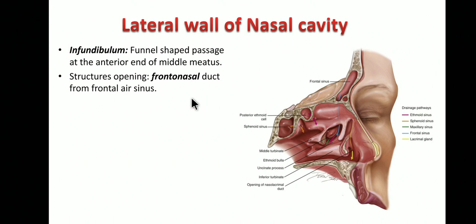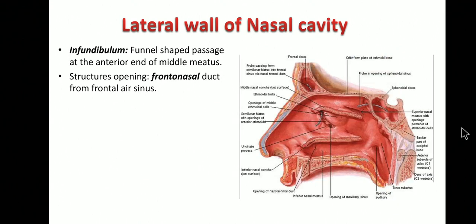This is the nasolacrimal duct, the inferior meatus. Here you are able to see the bulla with the opening of the middle ethmoidal air sinus, the hiatus semilunaris, which has the opening of the maxillary air sinus and anterior ethmoidal sinus, continuing as the infundibulum, through which the frontal air sinus will open.